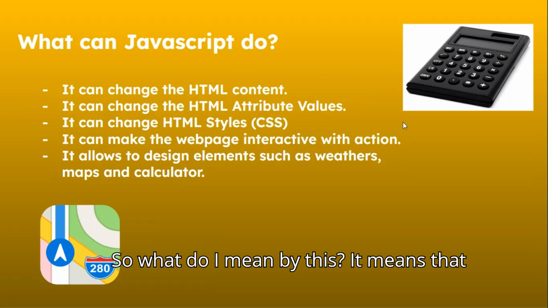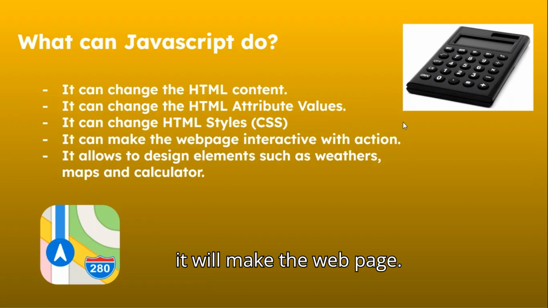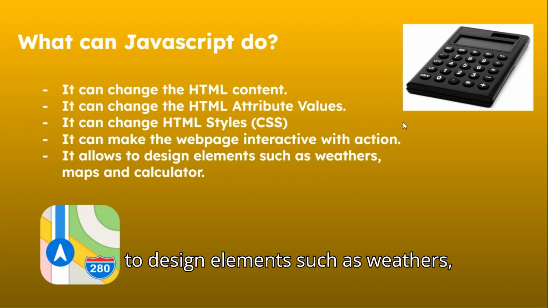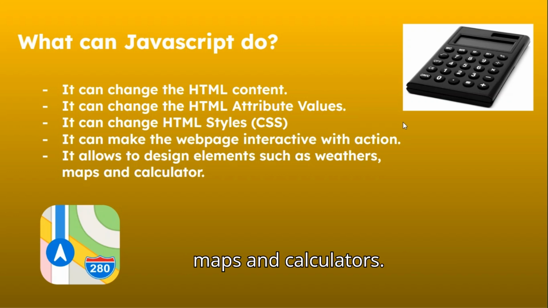What do I mean by this? It means that the web page can have lots of buttons and functionality, making sure that it works well without any problems. And the final bit is it allows you to design elements such as weather, maps, and calculators.